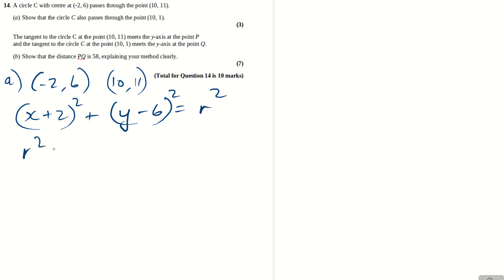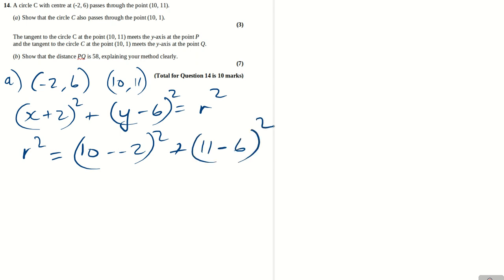So really, r squared is going to be, using Pythagoras, 10 minus 2 squared plus 11 minus 6 squared. So that's 12 squared, 144, plus 5 squared, which is 25, equals 169.